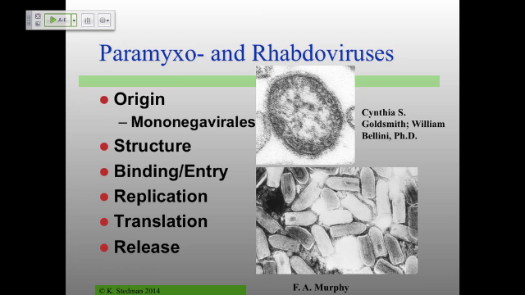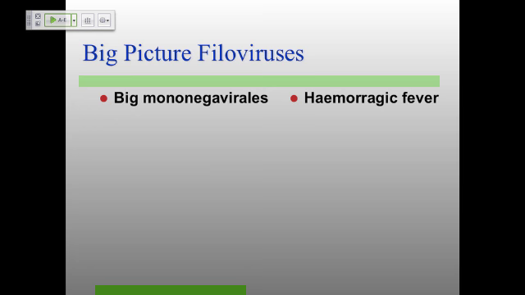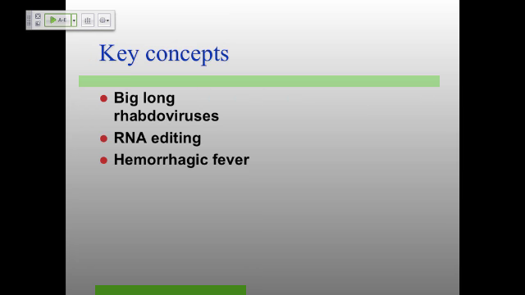Filoviruses, they're basically really big rhabdoviruses in terms of their molecular virology. The reason that they get their own chapter, of course, is this hemorrhagic fever aspect of the filoviruses. But basically, molecularly, they're pretty much these big, long rhabdoviruses.